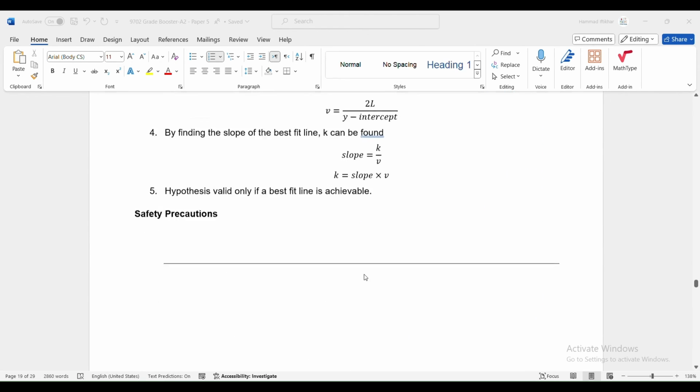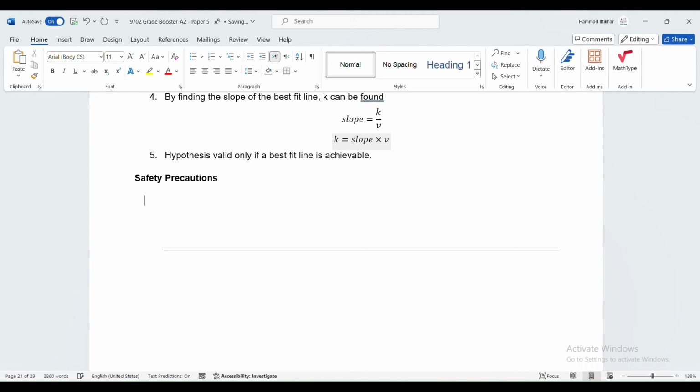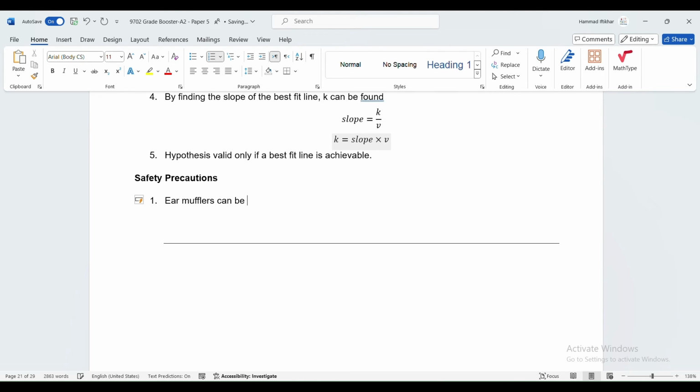So, safety precautions. Ear mufflers can be used to protect against loud sound.